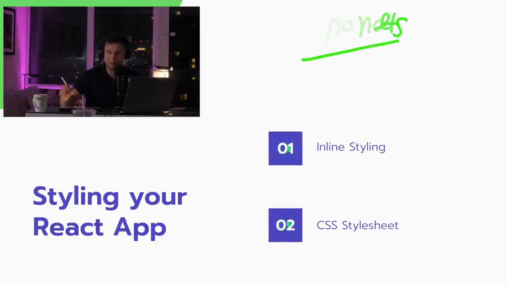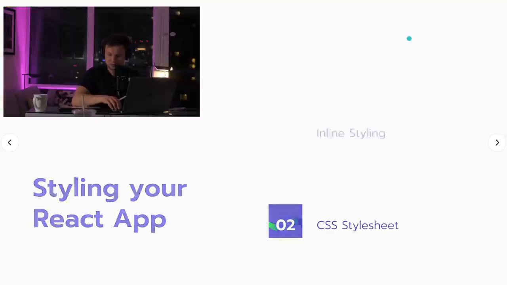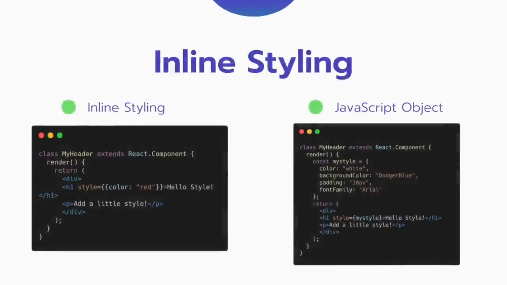Cool. So inline styling is pretty simple. As an example here, I can directly in my HTML specify the color, or for example, I can create another JavaScript object for the style, and I can simply apply it to my element, right?